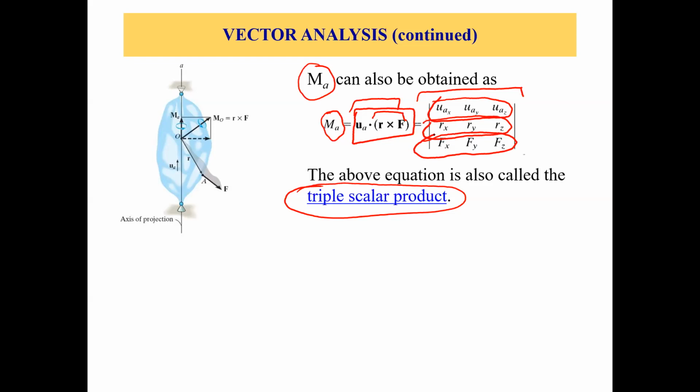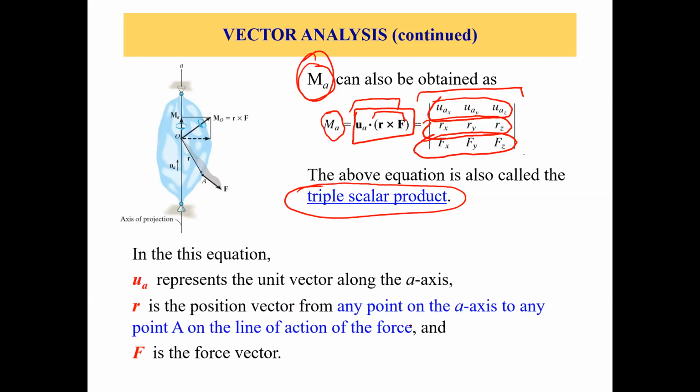First row is the unit vector, second row is the position vector, third row is the force vector. Just expand this 3 by 3 determinant, and you'll get the value of M sub A. Isn't that easier? Isn't that simple? Yes, it is. Instead of doing two products, we just solve this 3 by 3 determinant and we get our required result.